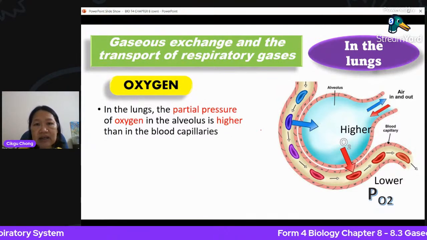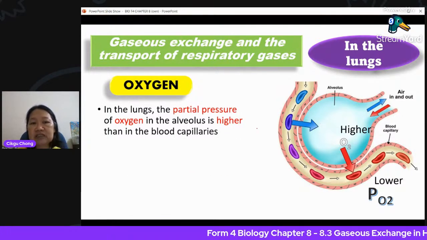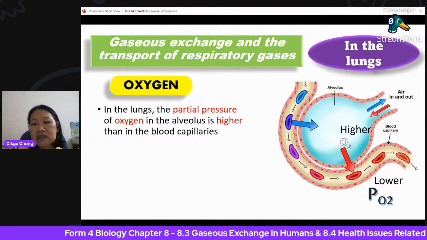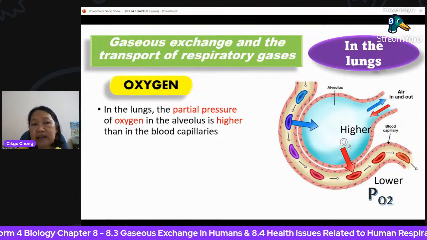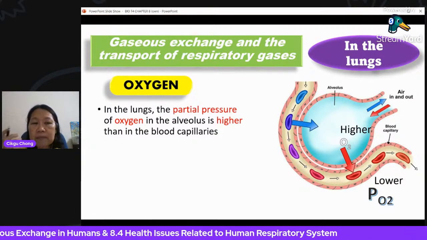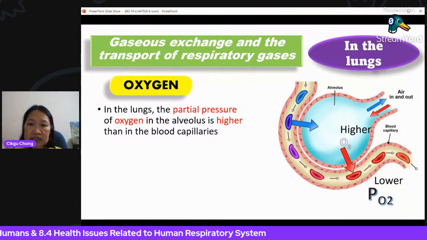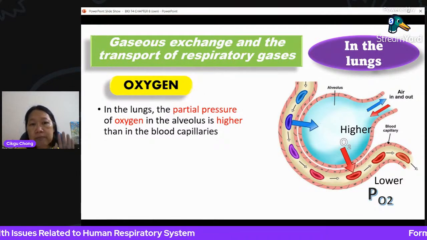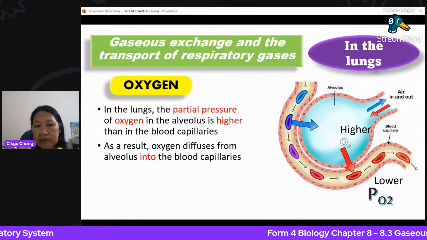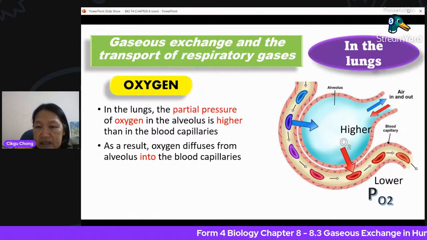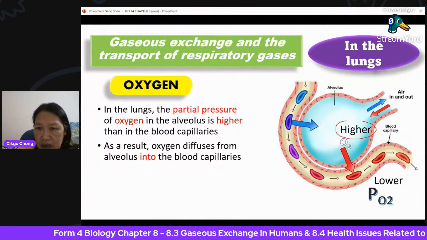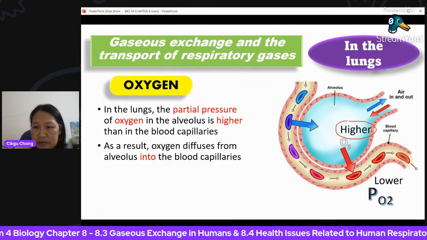Now in the lungs, the partial pressure, so you've got to use this word, partial pressure of oxygen in the alveolus is higher than in the blood capillaries. We are comparing two places: the partial pressure of oxygen in the alveolus and in the blood capillaries. Here is higher partial pressure.